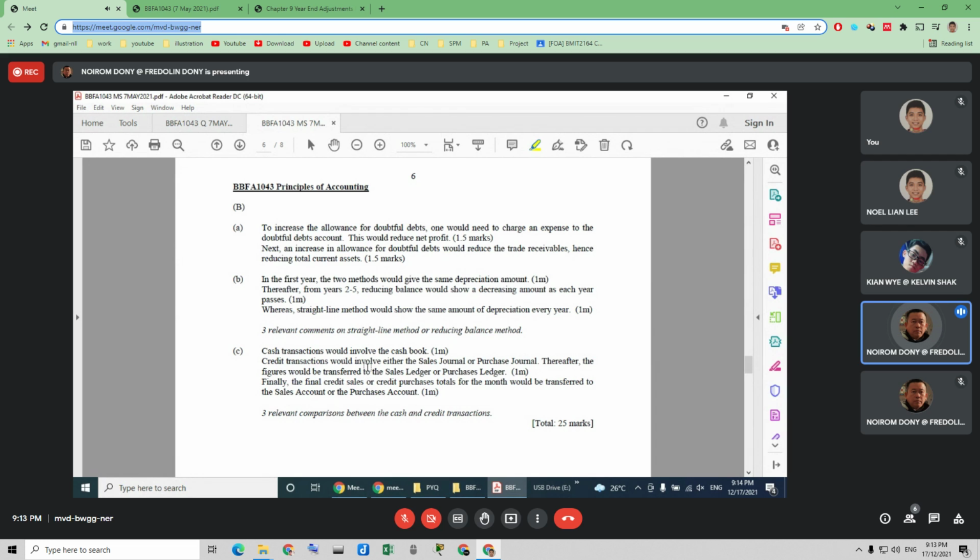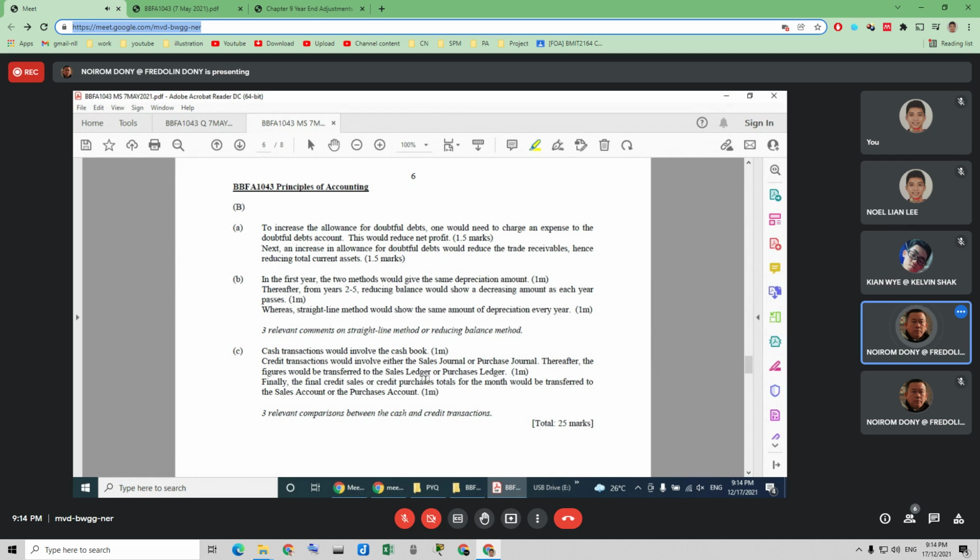So we are talking about cash transaction, and then credit transaction. So we are comparing: the final credit sales or credit purchases total for the month would be transferred to the sales account or the purchases account. Meaning we debit the trade receivable and then we credit the sales account.